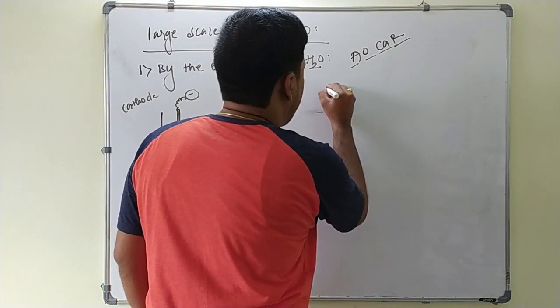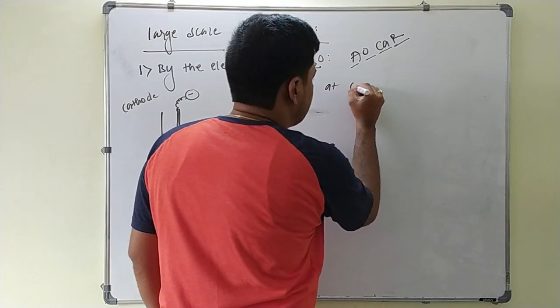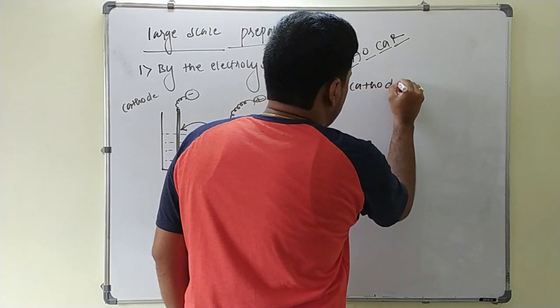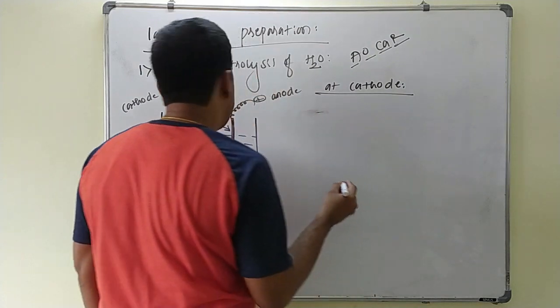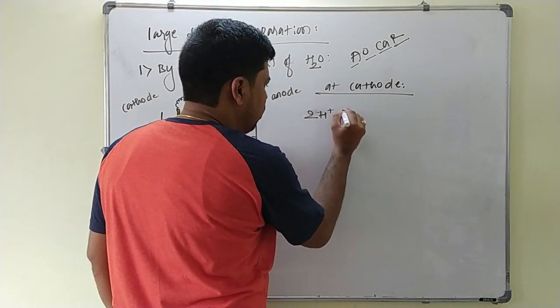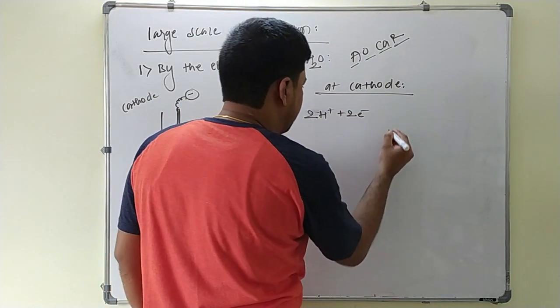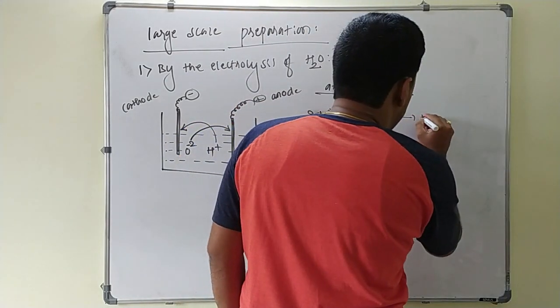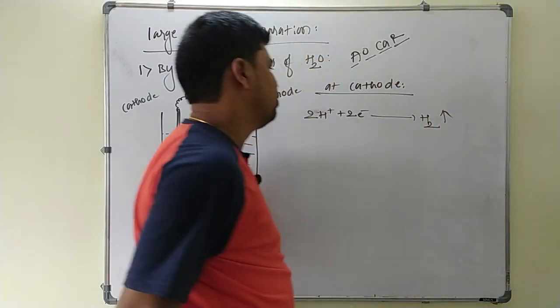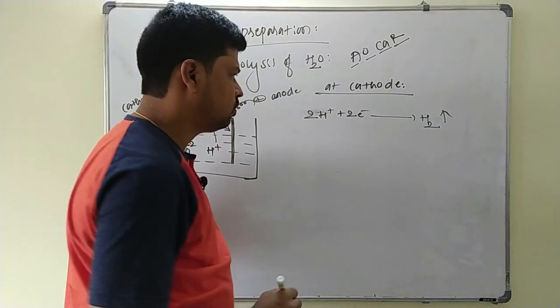So I will write the reaction. Here we will write at the cathode. At the cathode reduction takes place, so 2 times H plus ion will take 2 electrons and get discharged, so there is liberation of hydrogen gas at the cathode.